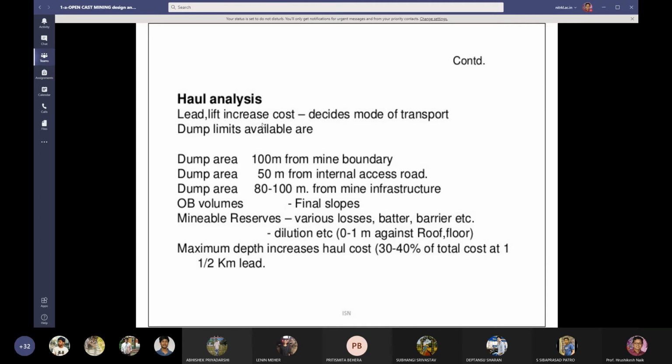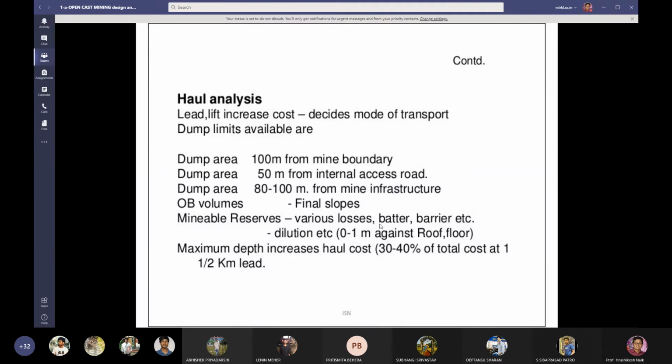What is the lift increase cost? Besides, mode of transport, dump limits available are: dump area 100 meter from mine boundary, dump area 50 meter from internal access road, dump area 80 to 100 meter from mine infrastructure. Overburden volume, final slope, everything is to be designed.